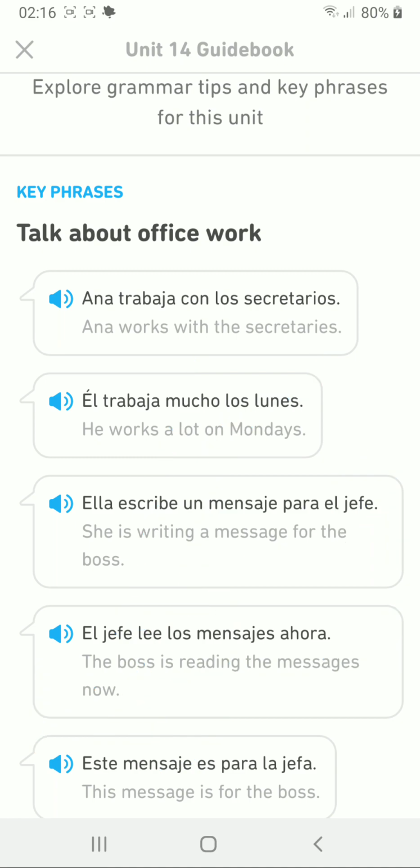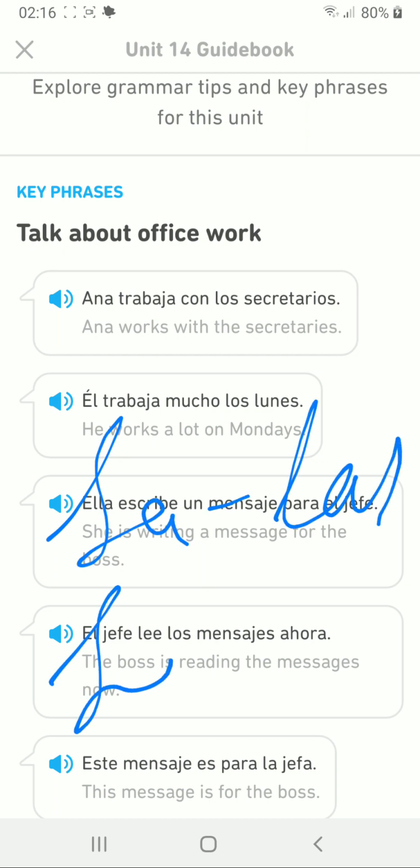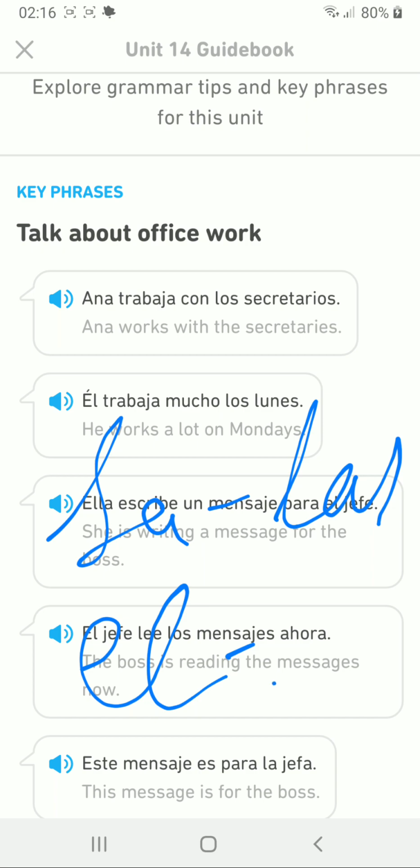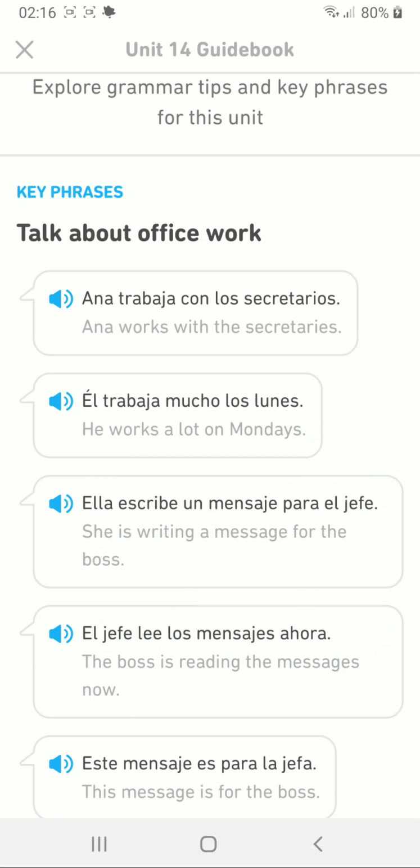So that's what we are seeing here. So la becomes las, but el becomes los. So Ana trabaja con los secretarios. Secretarios is plural. It's not con el secretario, but con los secretarios.